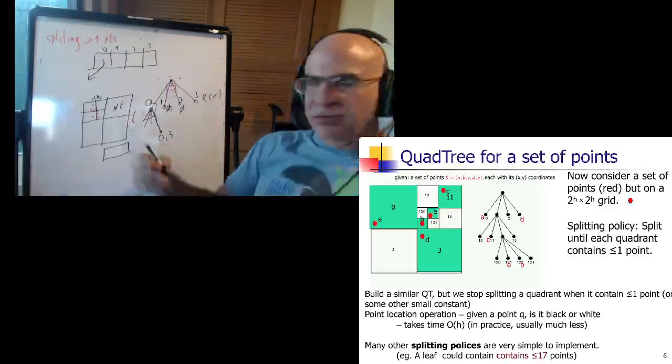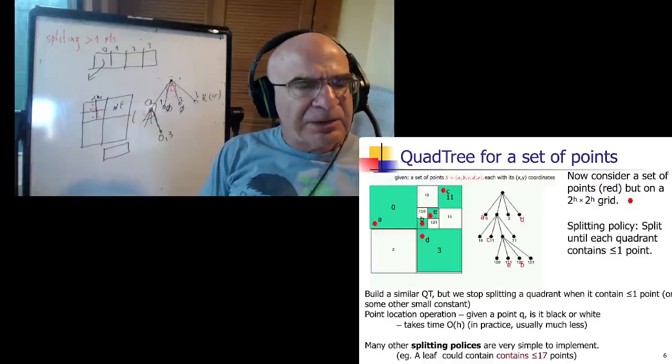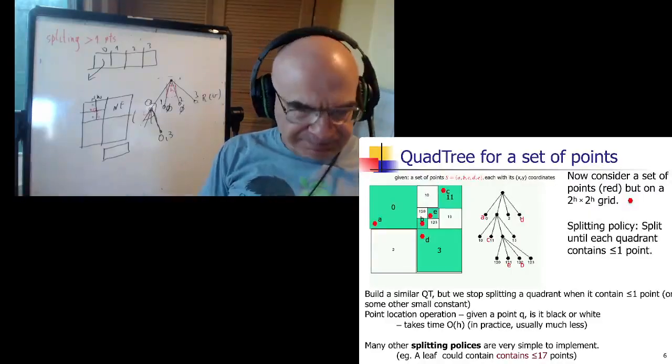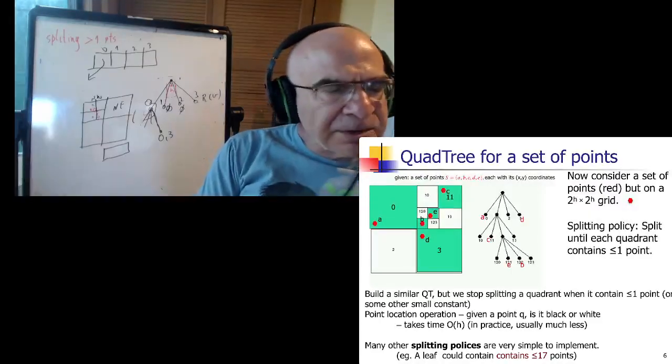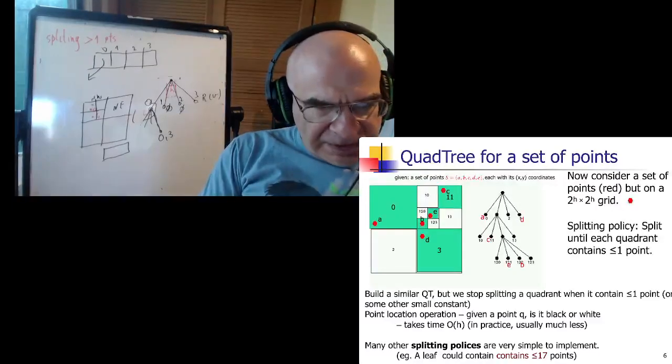So you don't need to store any other information in the node. You just keep an agreement with yourself about these quadrants. That's how we stored a set of points.